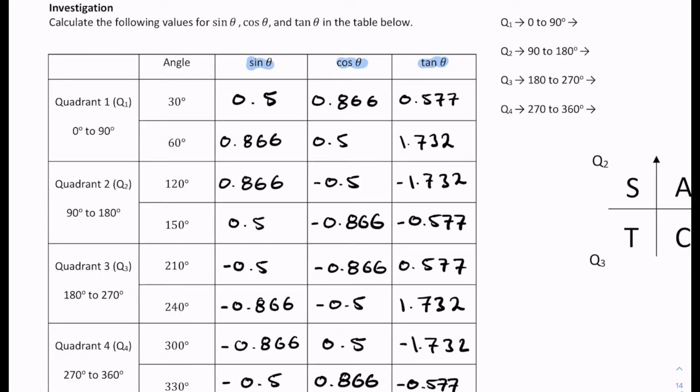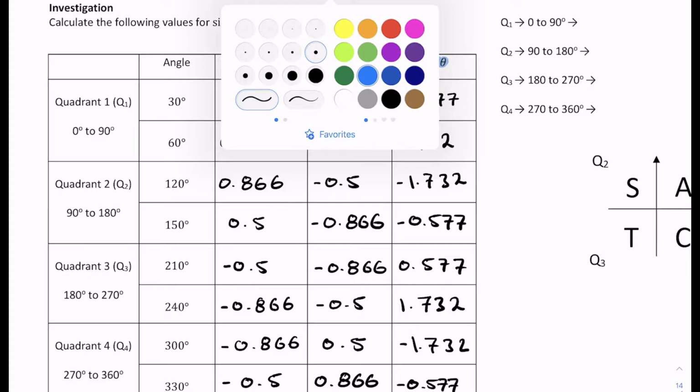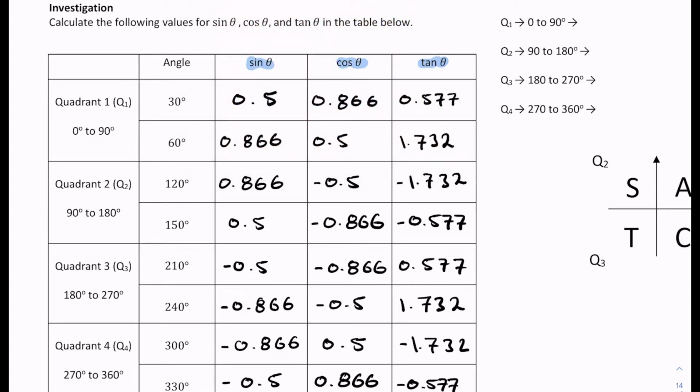Okay, so we've entered all the values here. Let's take a closer inspection and see if we can identify any patterns. So first of all, you'll notice that the numbers tend to be kind of uniform. You see a 0.5, a 0.5, here's a negative 0.5, 0.5s all over the place.